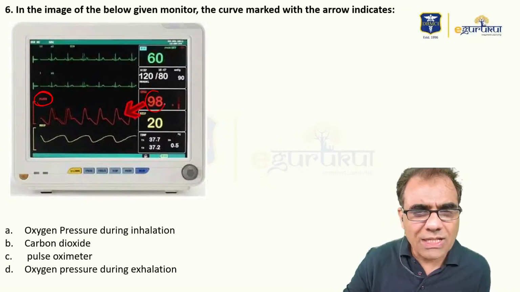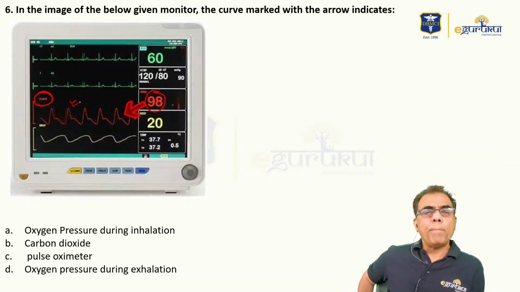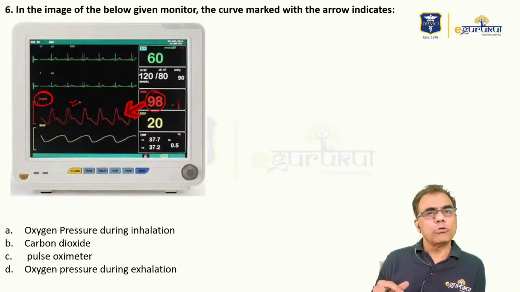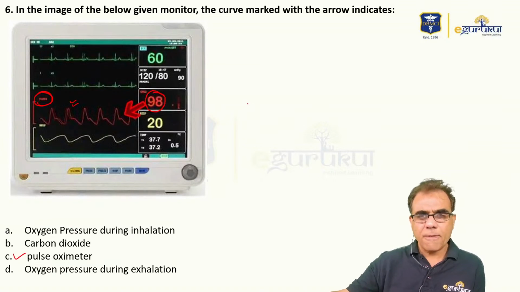So the oxygen saturation is 98%, and this plethysmography is the curve of the pulse oximeter. During pulse oximetry you get a curve also. So this is actually the pulse oximeter.